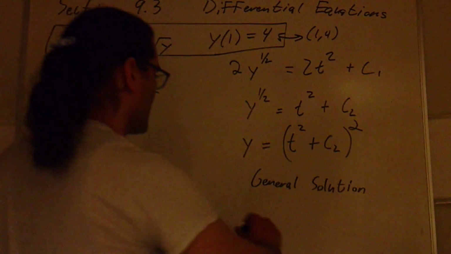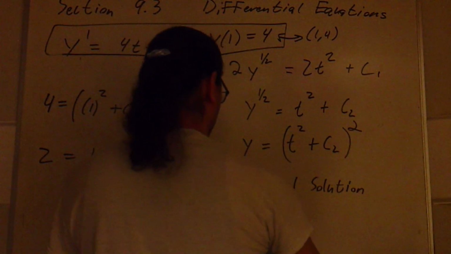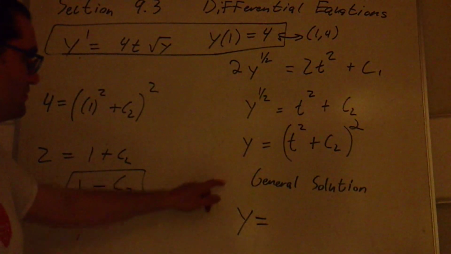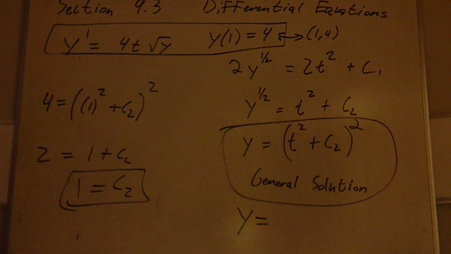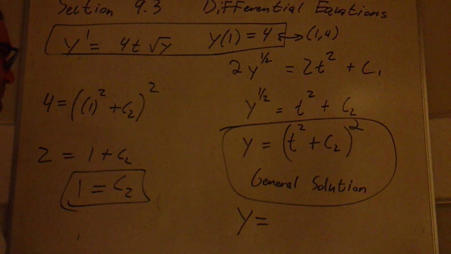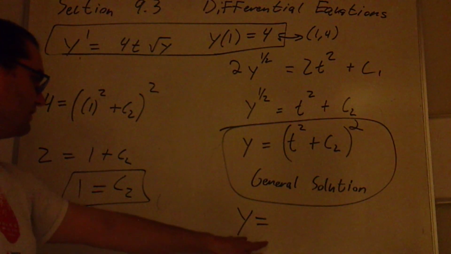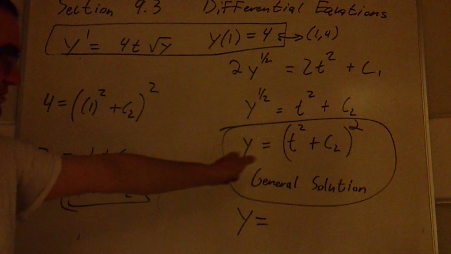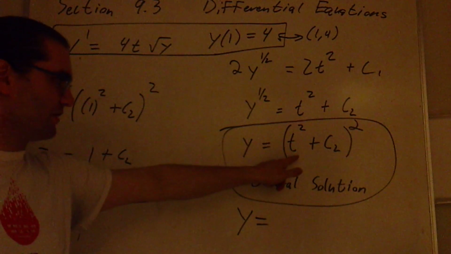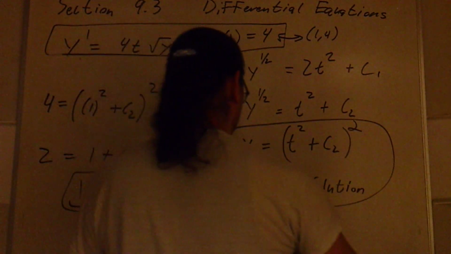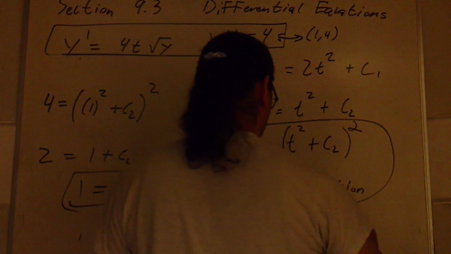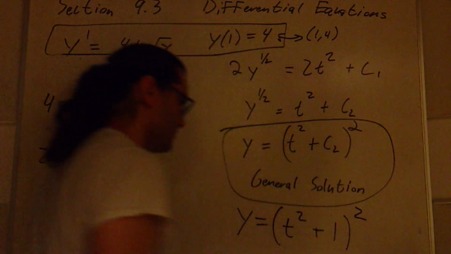So the particular solution, this is the general solution. The particular solution is going to look just like the general solution, where y and t are variables, except c2 is going to be a number this time.